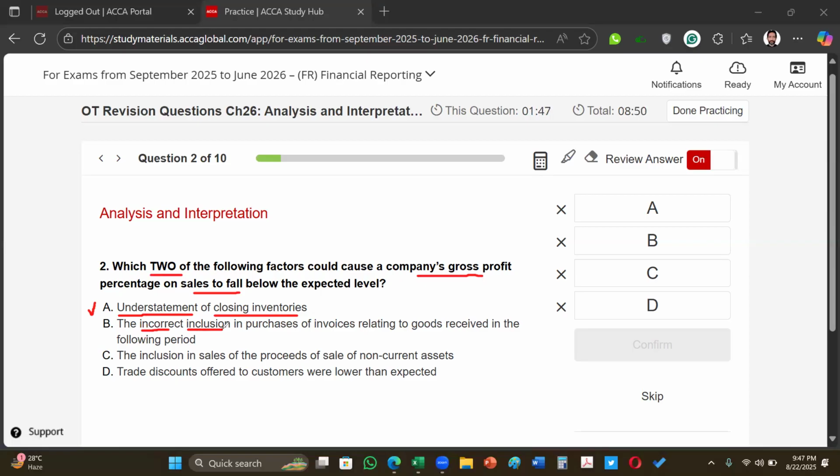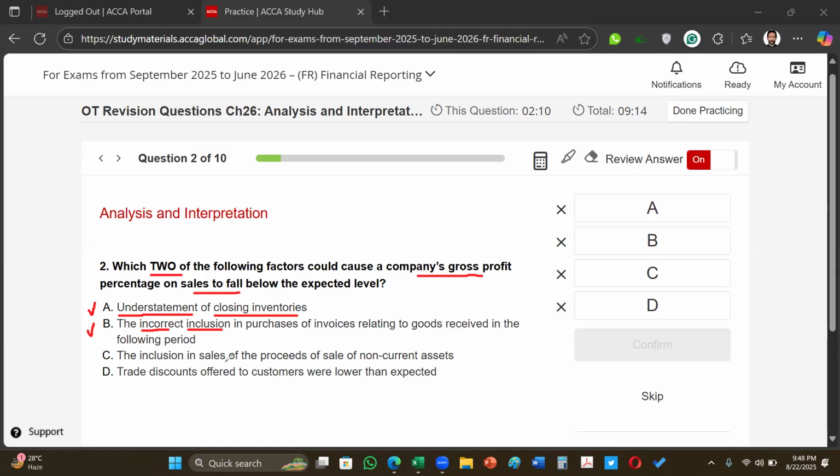When the cost of sales is high, the gross profit to sales percentage is going to go down. So that is another reason why your gross profit to sales will fall. These were the two that we were required. Let's look at the other two as well.